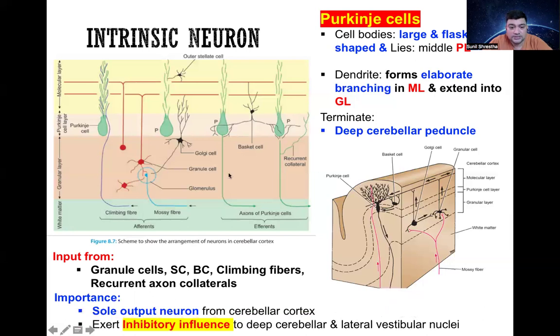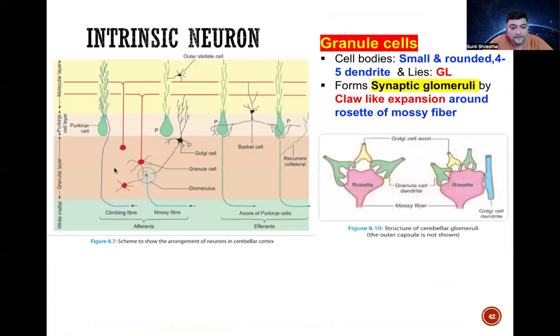The Purkinje cell layer is the sole output neuron from the cerebellar cortex, and it exerts an inhibitory influence on the deep cerebellar and lateral vestibular nuclei. So the Purkinje cell is considered the output neuron from the cerebellar cortex.